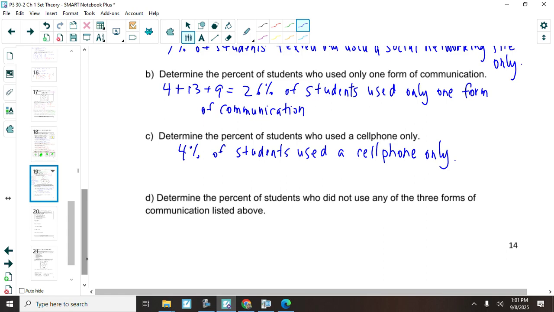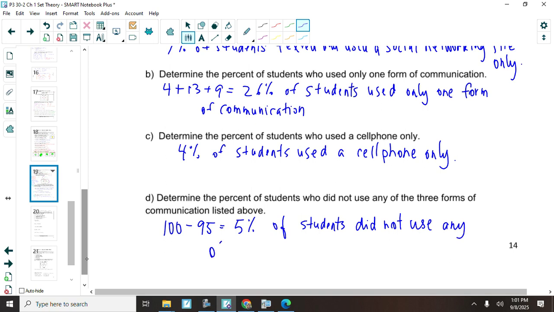Again, we could show that we took 100 and subtracted, so 5% of students did not use any of the 3 forms of communication.